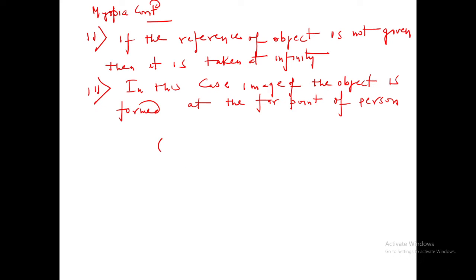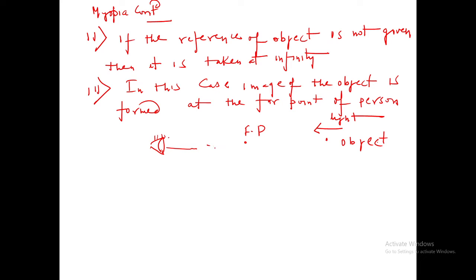So this is our eye, and this is the object. Of course, to see the object, light should come from the object. So light is coming in this mode, and this is your far point FP.